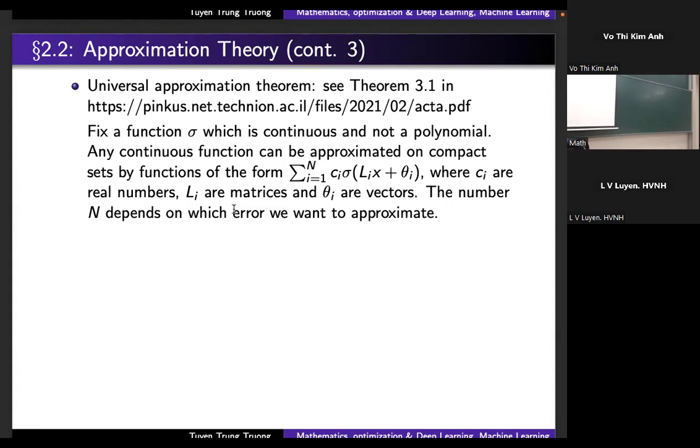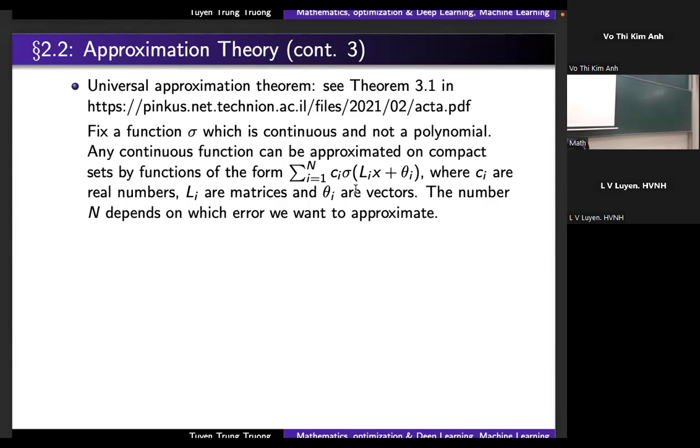Let me explain. x is in R^m, L_i is a matrix, and sigma is just one variable, going to one dimension. So what does it mean to apply sigma to a vector? It just means that sigma applied to (x, y) is (sigma(x), sigma(y)).